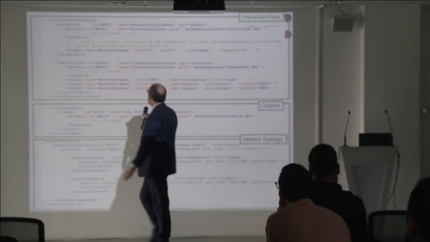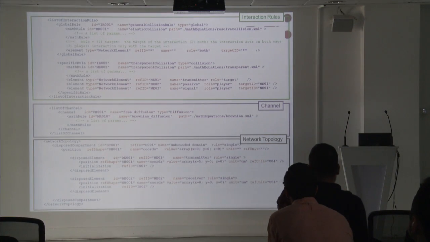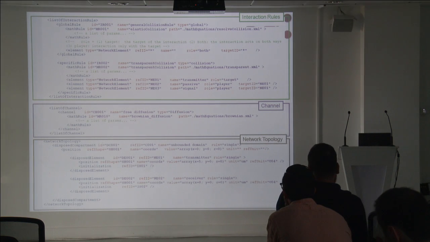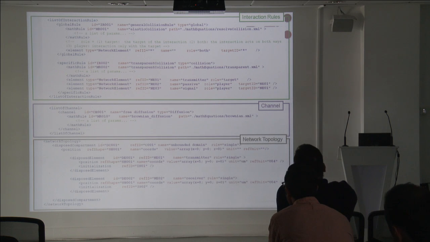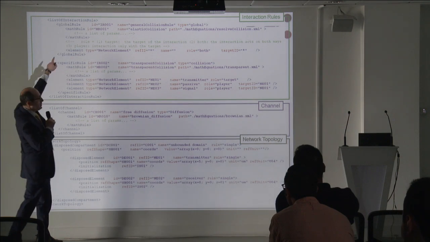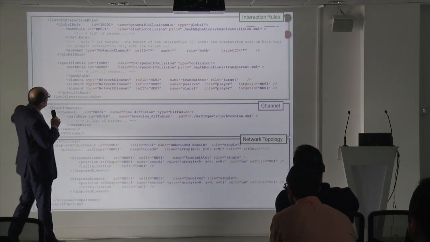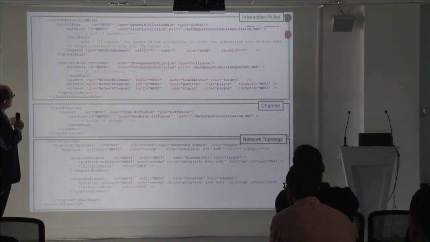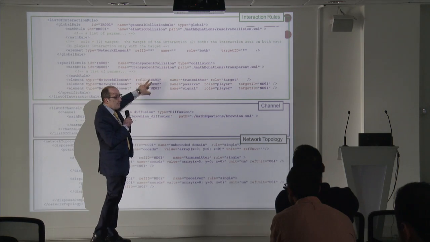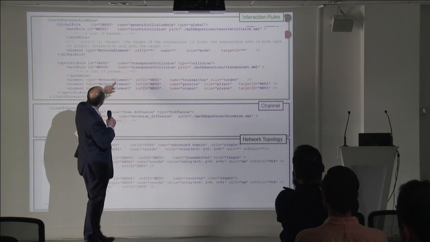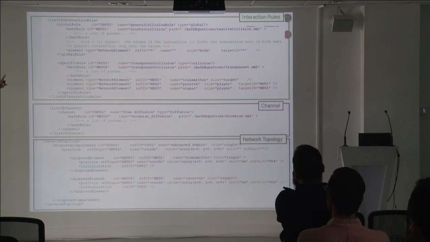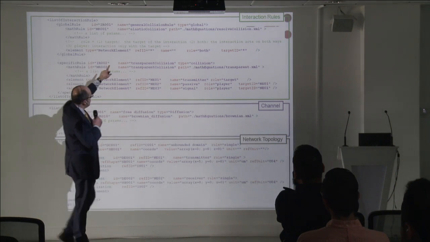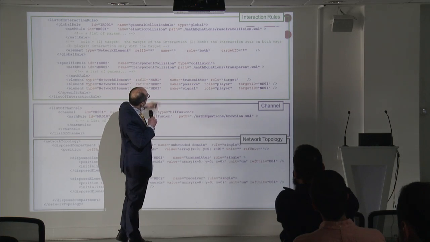Again, interaction rules. Here, this part is more interesting because we show how elements of the communication channel interact with each other. Here we see two rules. We have a global rule used by all the particles except specific particles, because the general collision rule is the elastic collision with no energy dissipation.